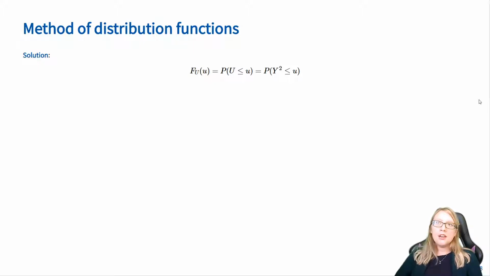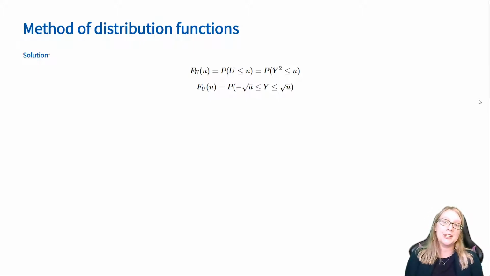So the CDF of u is the probability that big U is less than or equal to little u. So the probability that y squared is less than or equal to u. We have really two ways that can happen. So y squared is less than or equal to u if y is between negative square root of u and positive square root of u. So y can be negative, y can be positive here. So we'll integrate this from negative square root of u to positive square root of u.